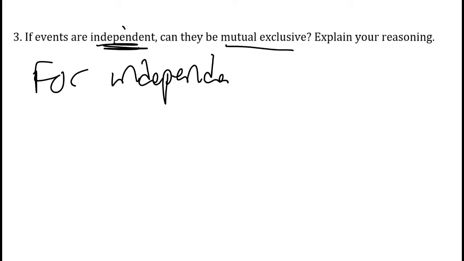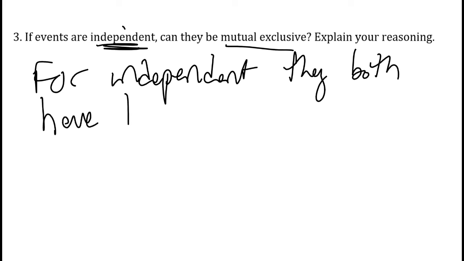Well, for events to be independent, they both have to happen at the same time. Both events have to occur. For something to be independent, there has to be some overlap in your Venn diagrams. Both events must occur.